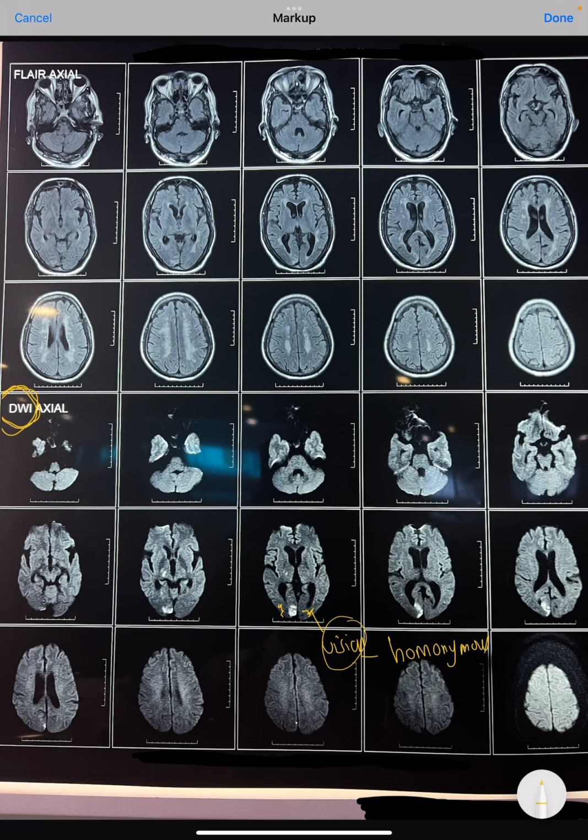So if the patient has left homonymous hemianopia, the patient will not be able to see on the left side. If we put two fingers in front of him towards the left side, the patient may be able to recognize only one, and may completely not see the other finger.